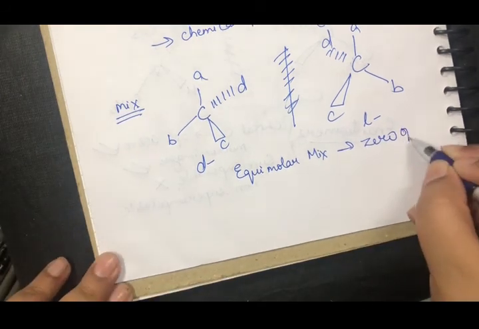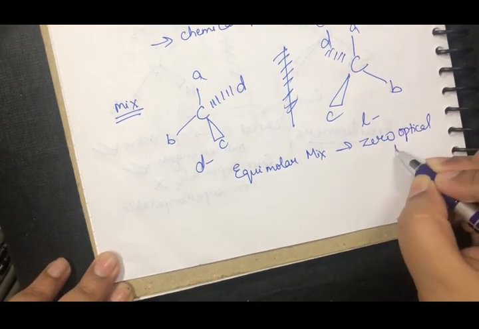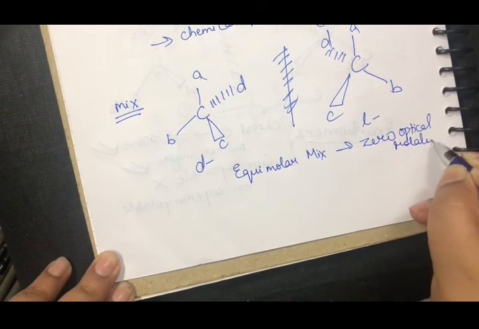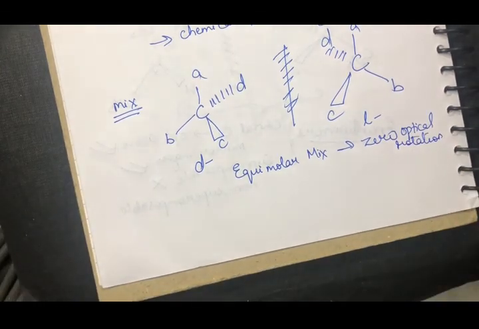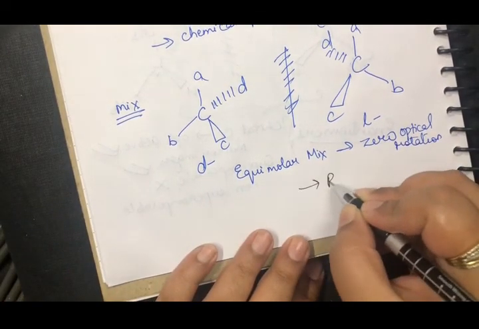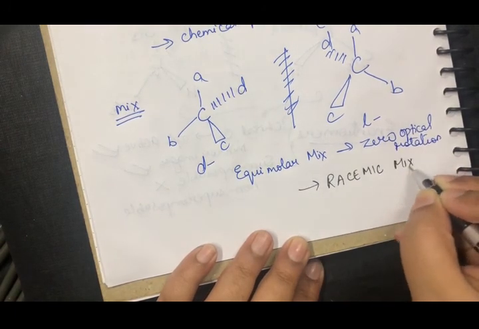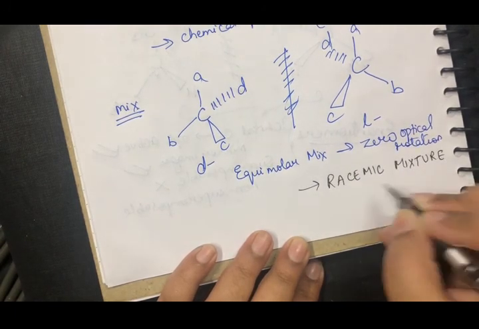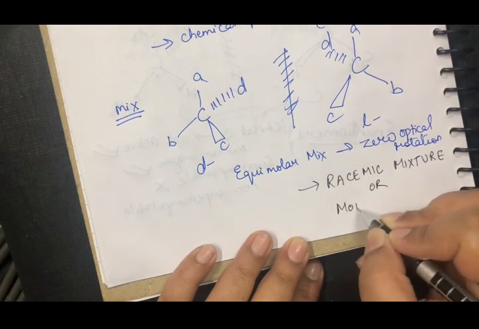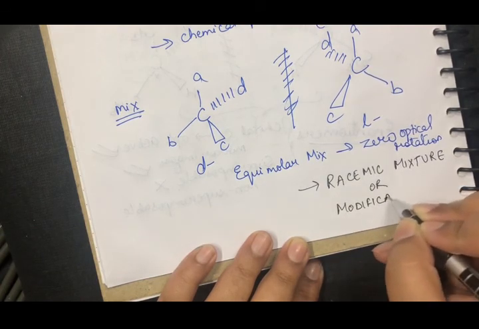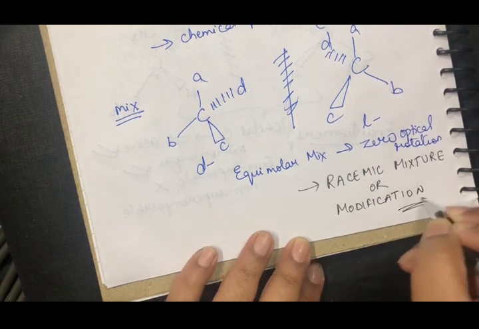So it has 0 optical rotation. Such is called a racemic mixture, or it is called racemic modification.